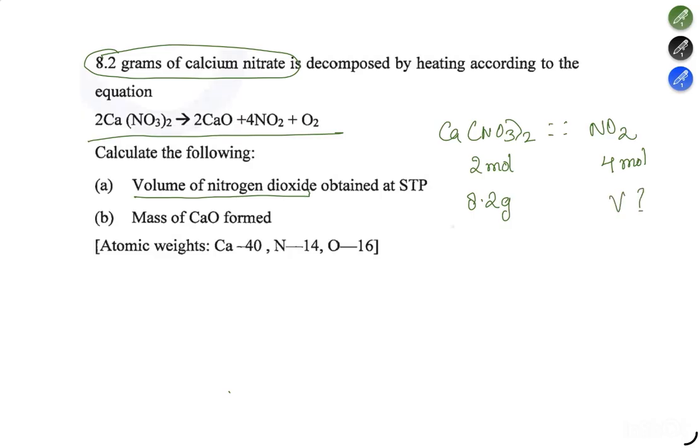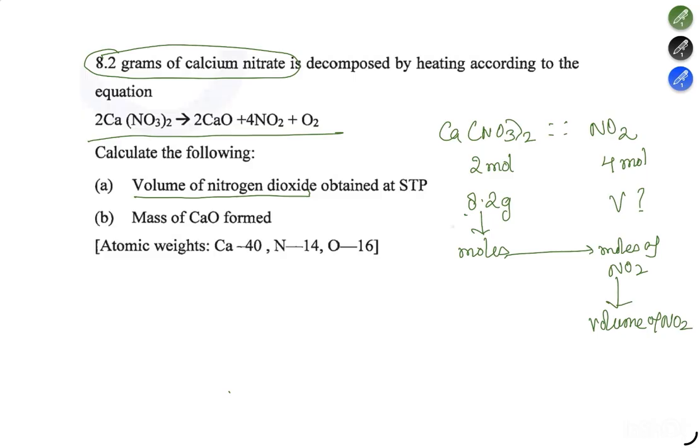So how can I find it? The best way is to convert this gram into moles of calcium nitrate, and from this calcium nitrate moles find out the moles of NO2, and from the moles of NO2 you can find out the volume of NO2, which is the basic route path of this calculation.